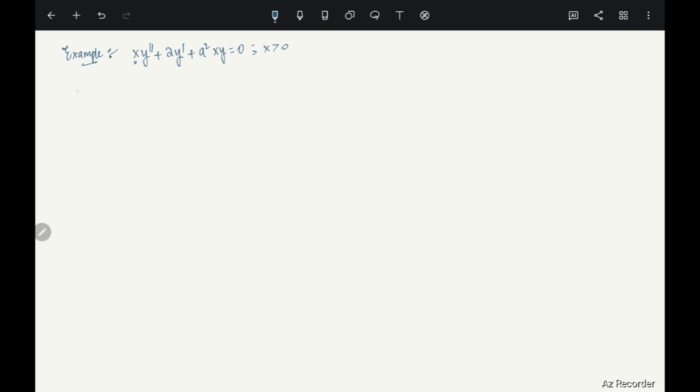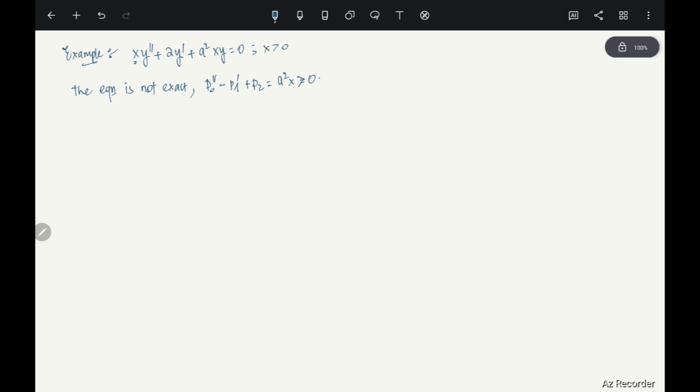Why is it not exact? Because if you look at p naught double prime minus p1 prime plus p2, this is 0, this is 0, so ultimately this is just a square x, which is definitely positive.